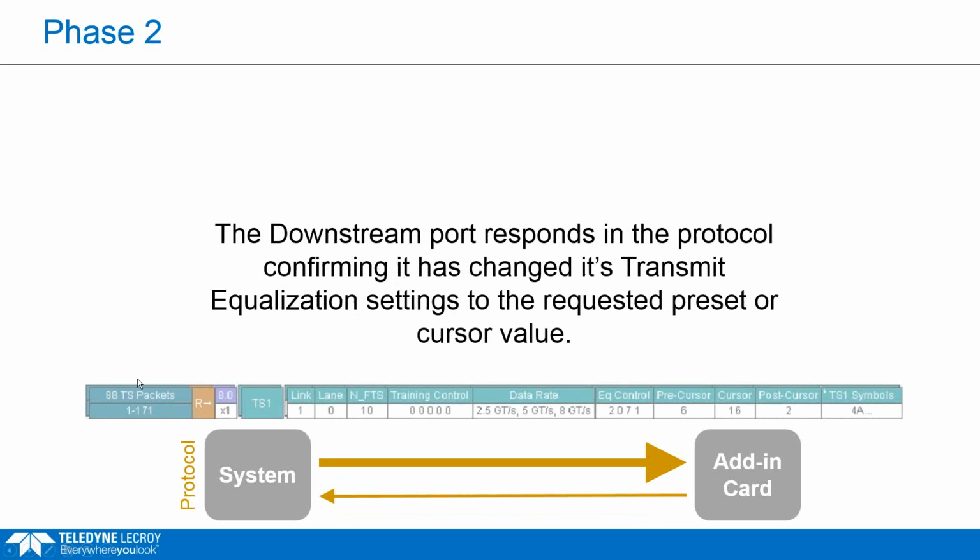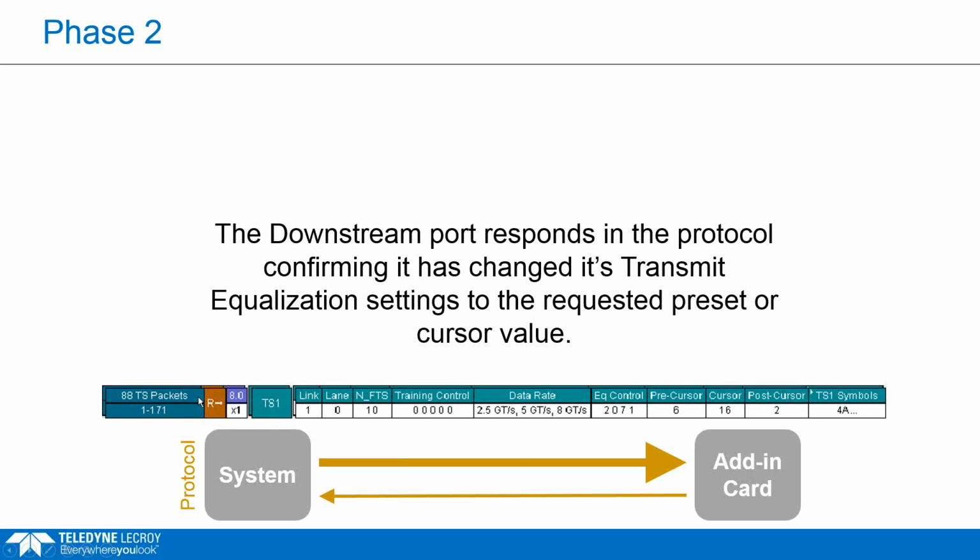If we look at the next packet, you'll see now we have a message coming from the system to the add-in card. Again, we're in phase 2, and the system is now responding and confirming that it has changed its transmit equalization to the cursor settings requested by the add-in card, so 6, 16, 2. So we had the request, and now we have the response confirming that it has changed.